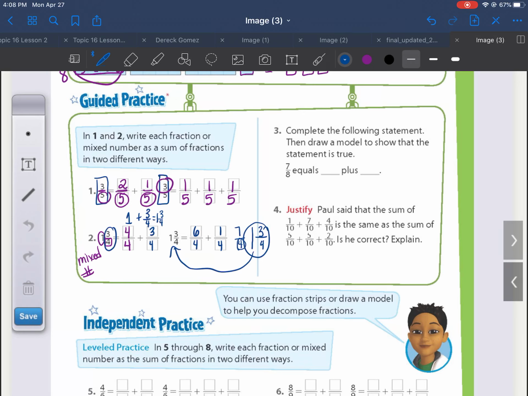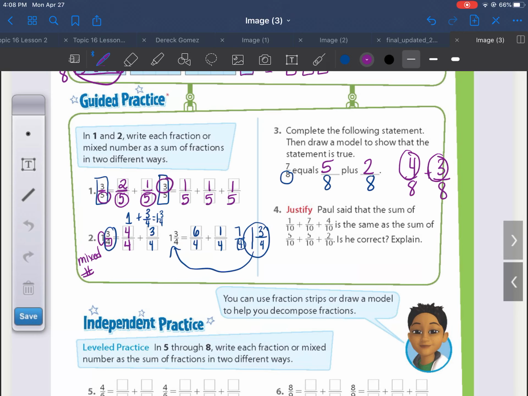Number 3, complete the following statement. Then draw a model to show that the statement is true. 7/8 equals blank plus blank. How can we break apart 7/8? Well, the denominator has to stay the same. I need to break apart the 7 into 2 numbers. What 2 numbers give me 7? 5 plus 2. Now that's not it.